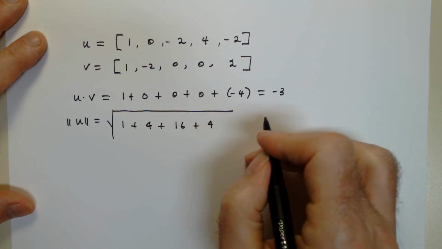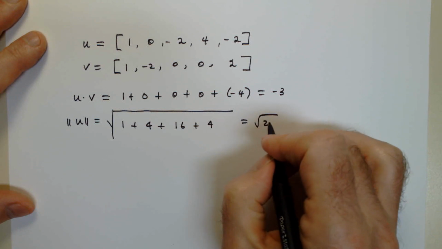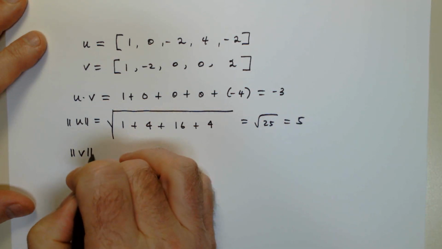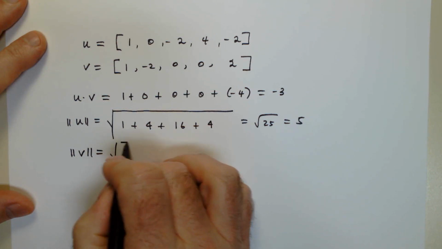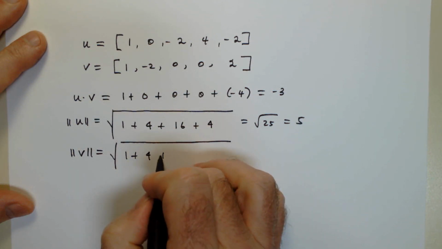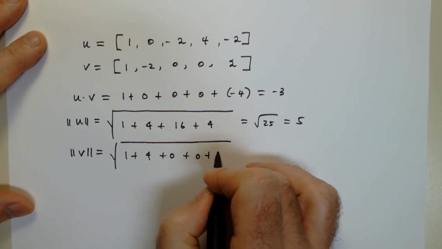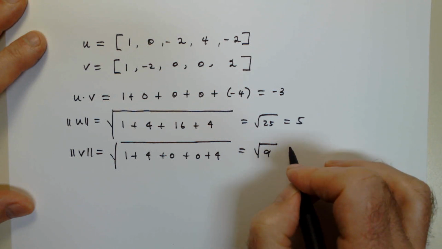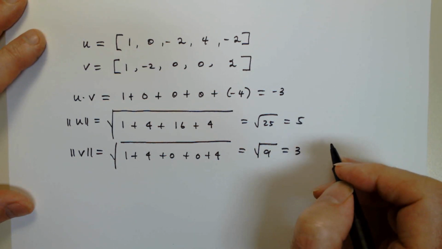That's going to be 25, and the square root of 25 is 5. The length of v, 1, 4, 0, 0, and 4. That's going to be 9. And so the length of v is simply 3.